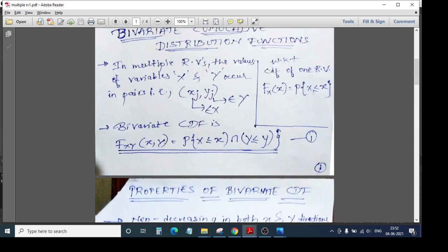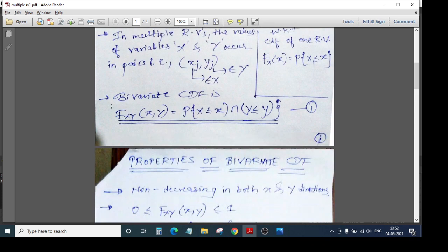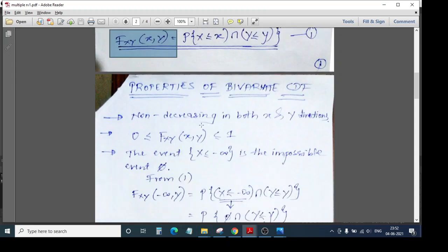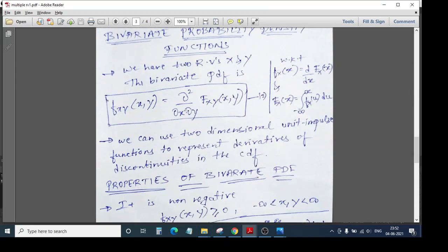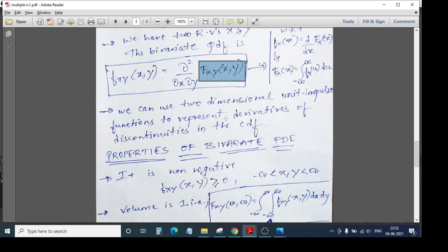Please observe the definition of your bivariate CDF, that is F_XY(x, y). The same thing we are using here. Now one very important thing here is we can use our two-dimensional unit impulse functions to represent the derivatives of whatever discontinuities will happen in the CDF.